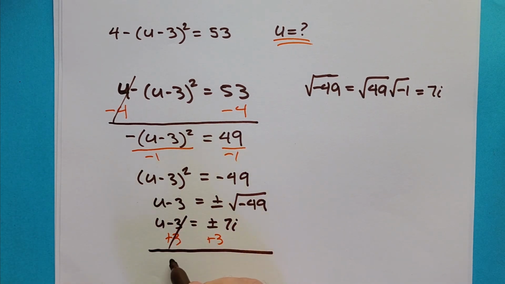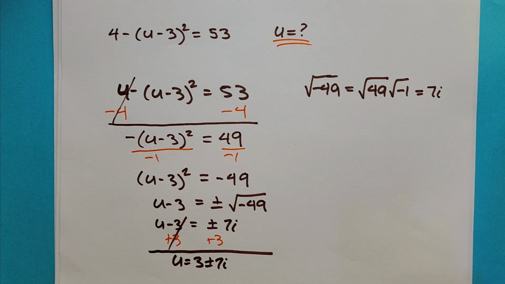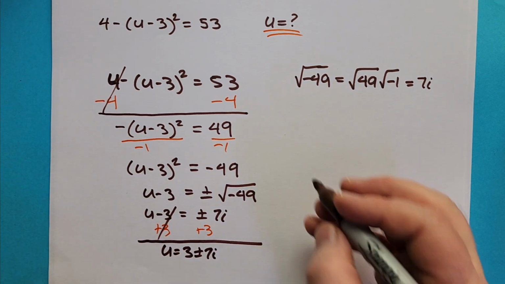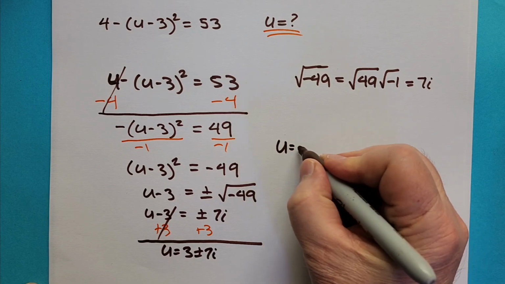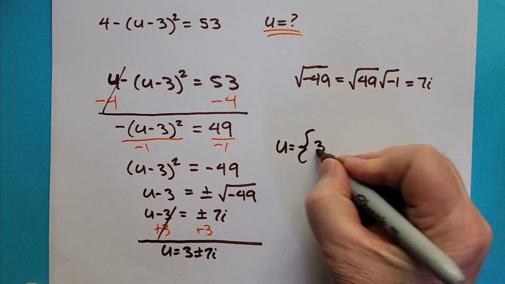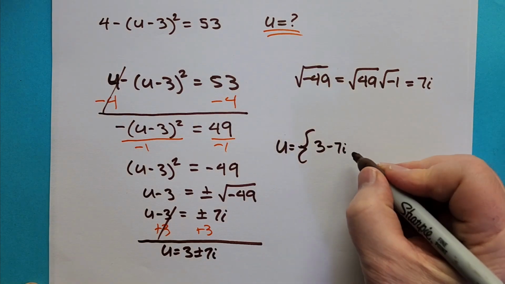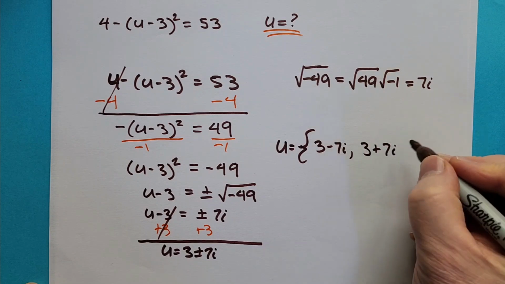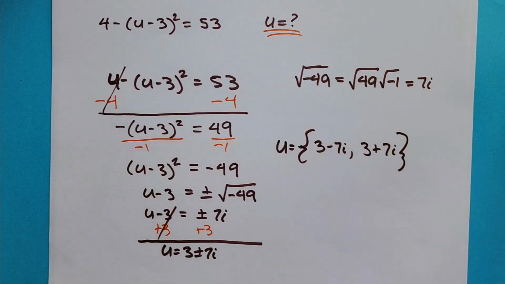So these are going to cancel out, and we get u equals 3 plus or minus 7i. So just like last time, we can go ahead and list this as a solution set. So we're going to say u equals 3 minus 7i, or u can equal 3 plus 7i. And there are the two roots that are in binomial form.